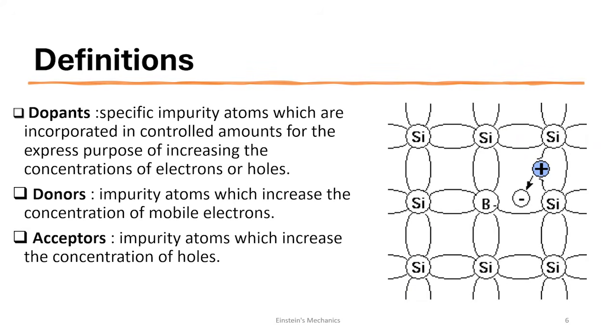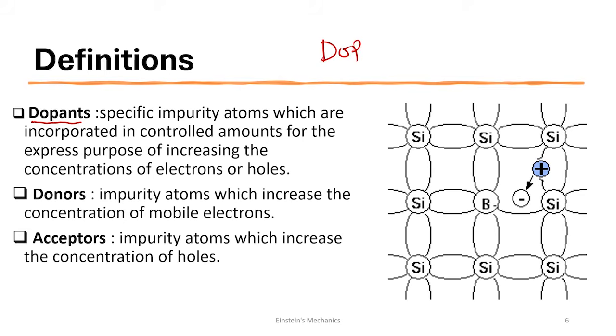And we have dopants. I was talking about impurities being added to a semiconductor to alter its electrical conductivity. When you add that impurity, it is termed a dopant. Are you okay? And the activity of adding is called doping.